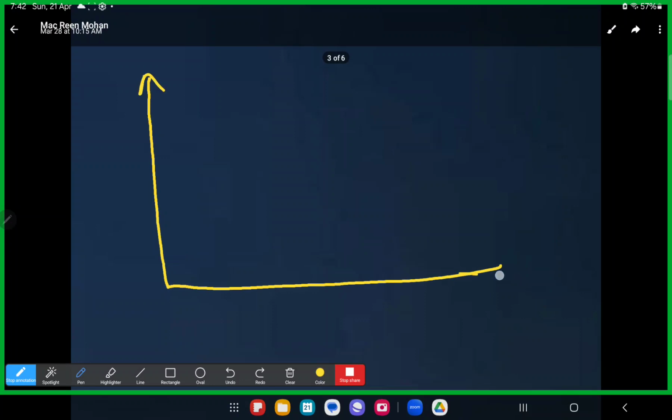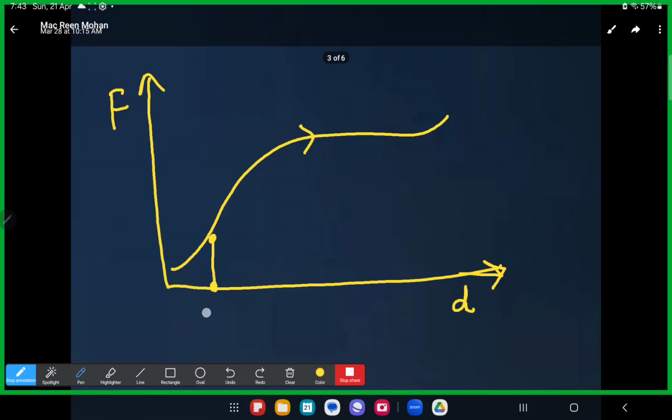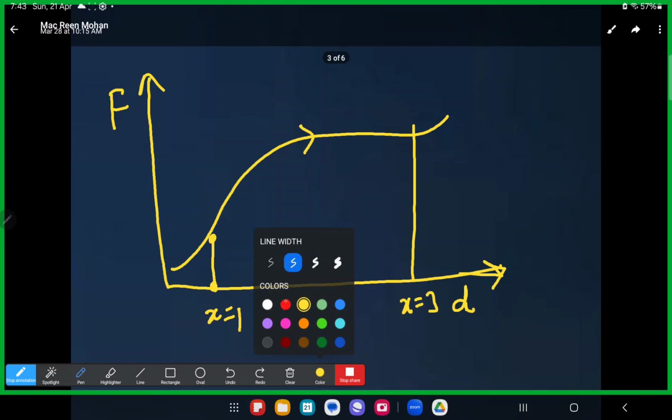Let's say, once again, force and displacement, so you can connect with it more. This is my shape, this is my force function. Now I'm looking to calculate the work done between x equal to 1 and x equal to 3. So I will once again do the same thing.